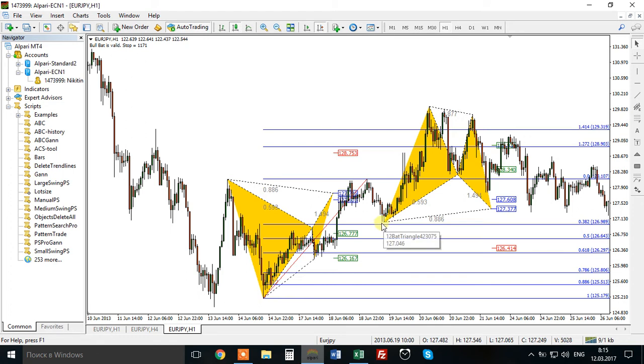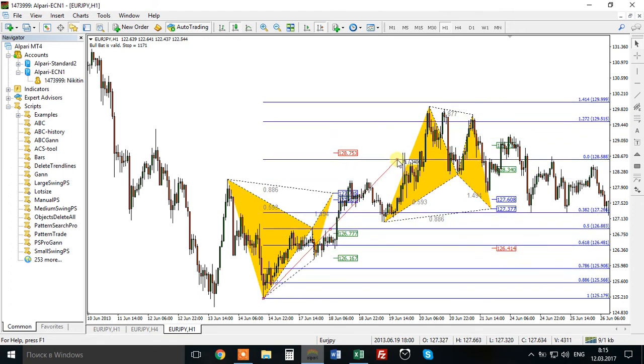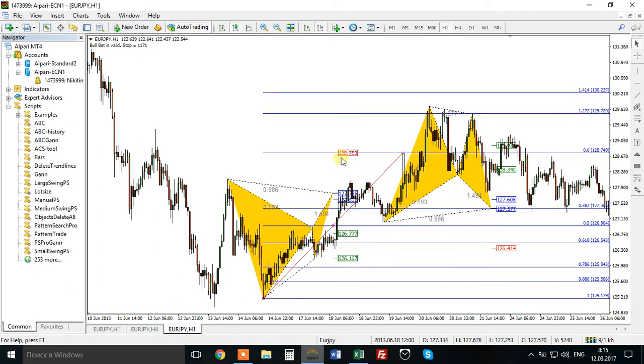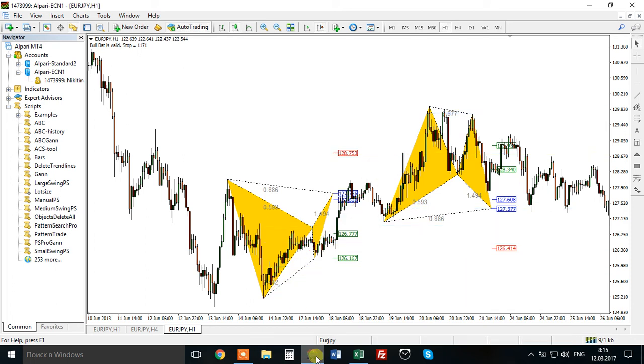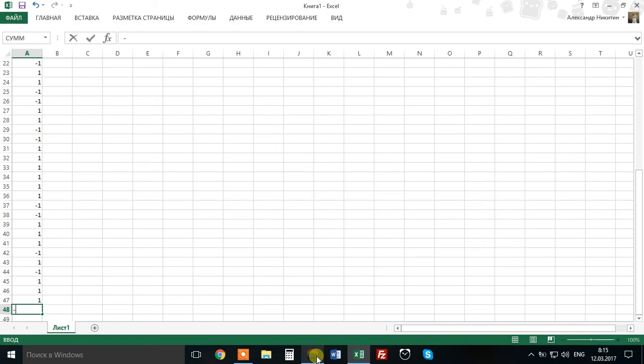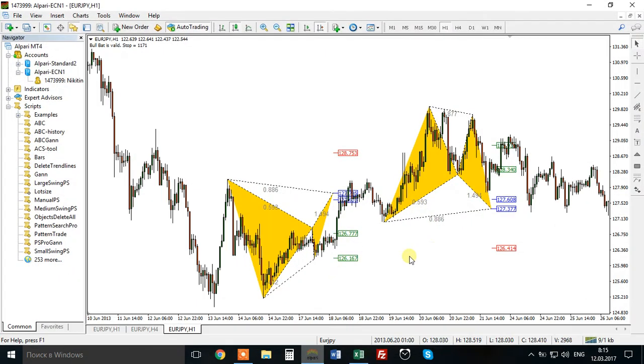A little bit higher than the target level, so then we went a bit more high. 128.753, 128.749, so we are a bit lower, but we still didn't hit any target level, so it was a loser. -1.